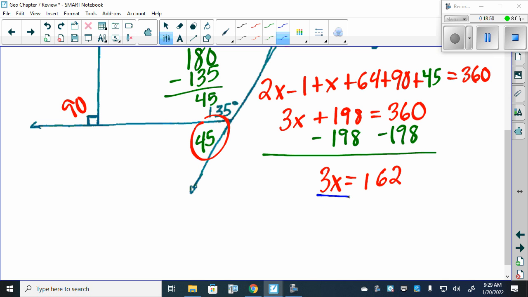And lastly, we would divide by 3. x is equal to 54. 54 degrees. Yep. Because it only asks for the value of x.